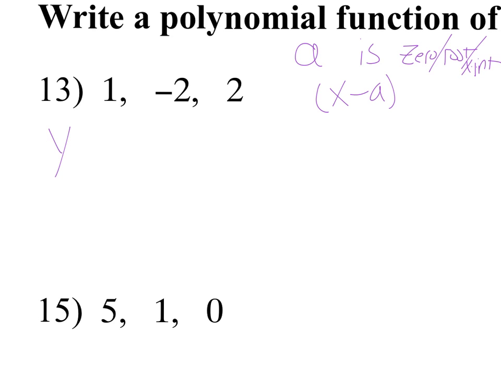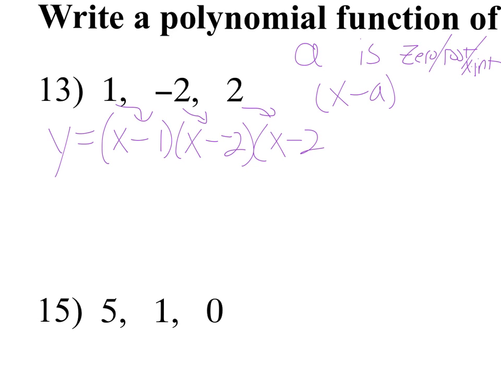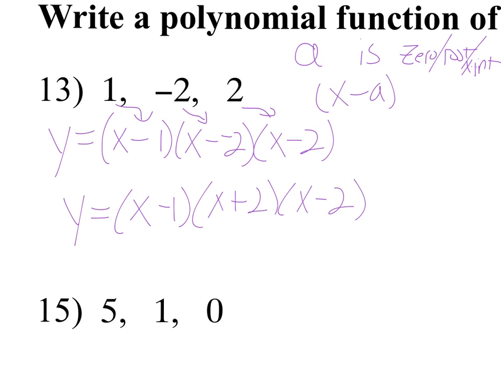So to write a polynomial, I'm going to take each of these and go, instead of 1, x minus 1, instead of negative 2, x minus negative 2, and instead of 2, x minus 2. If you wanted to rewrite this, you could as x minus 1, x plus 2, and x minus 2.